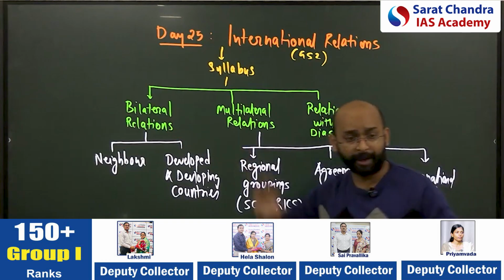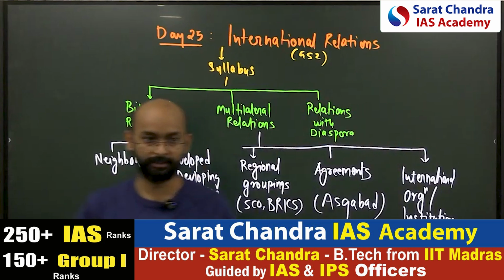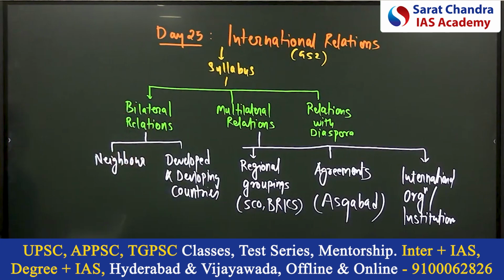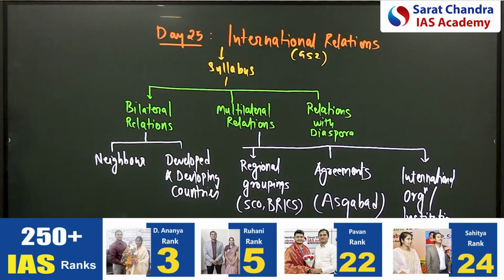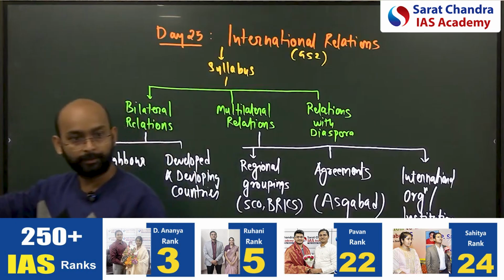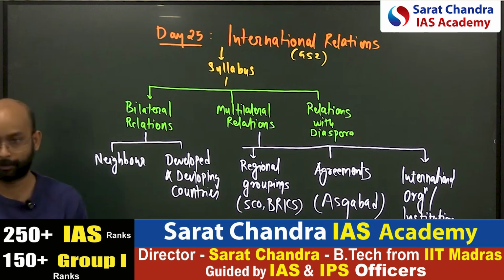Either they will ask about bilateral relation issues. For example, India-Bangladesh relation in the India neighborhood, a highly predicted question for next year because it is highly in the news. In 2024, Maldives was in the news because of the India Out campaign there. You remember, the president was asking Indian troops in the Maldives to go out.